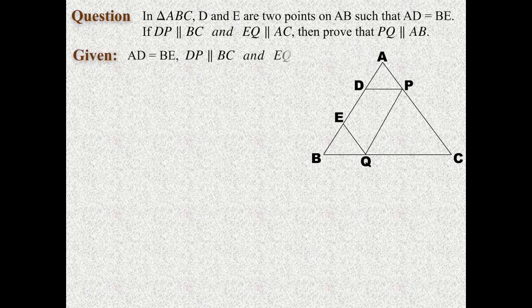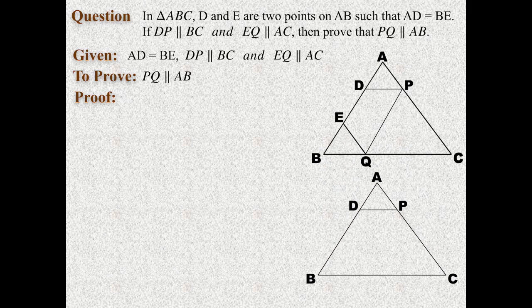So we are given three conditions: AD equals BE, DP parallel to BC, and EQ parallel to AC. And we need to prove PQ is parallel to AB. So let us say the proof.